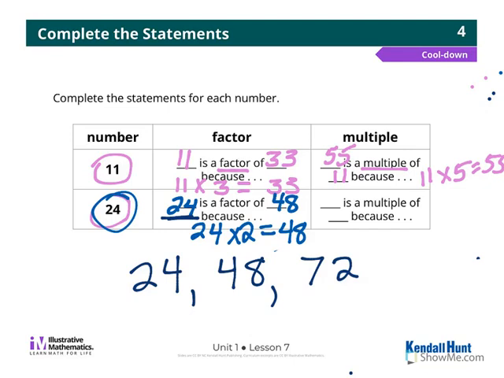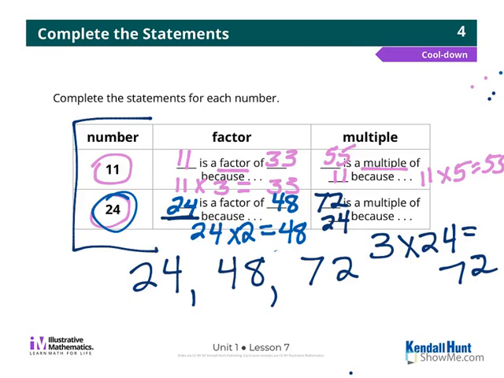And then I could say 72 is a multiple of 24 because 3 times 24 is 72. So I guess it depends where you choose to put your number. You could have more than one answer, well, of course, there's a lot of answers for these.